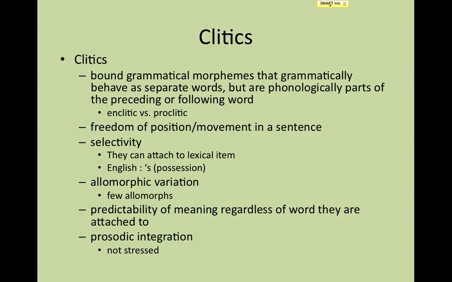You could say the bone of the dog. That would be another way to construct that sentence and show stress. Or you could say the dog's bone, have stress on the dog, but you can never have stress on the clitic. So that's how it has prosodic integration.